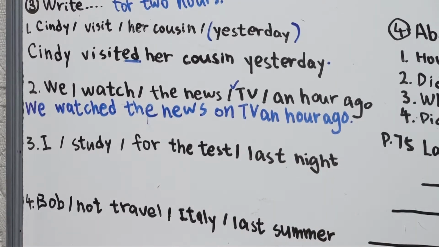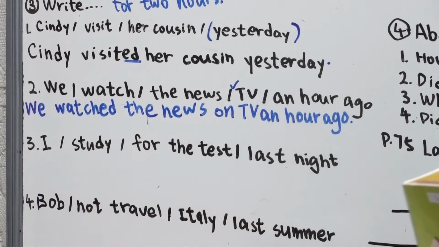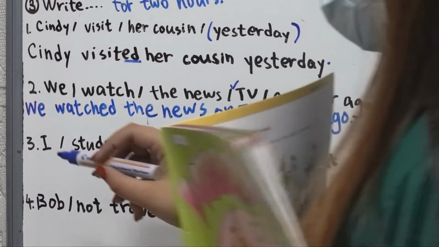So how do we change this sentence? Which word here tells you we have to use past tense? According to our lesson, you have learned about past tense in the last few lessons. If the verb ends with a consonant and Y, we change the Y to IED.